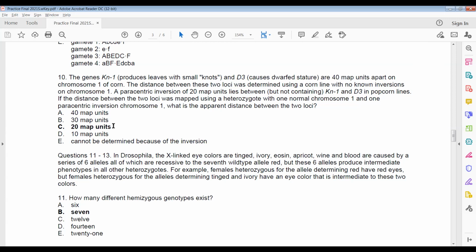We all know this, right? The original distance is 40 map units, but there's a 20 map unit inversion. So this will become invisible. That means if you use this cross as an experiment to get the data to calculate the distance, it will be 20 map units. 40 minus 20 equals 20 map units. All right, any questions for this one?